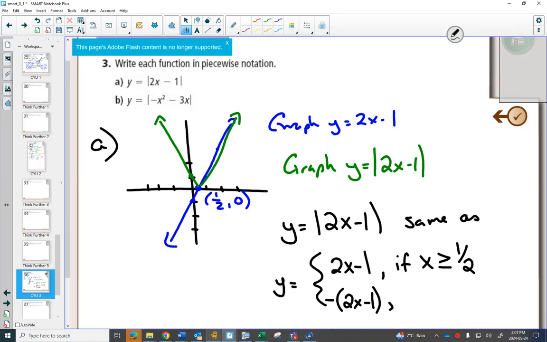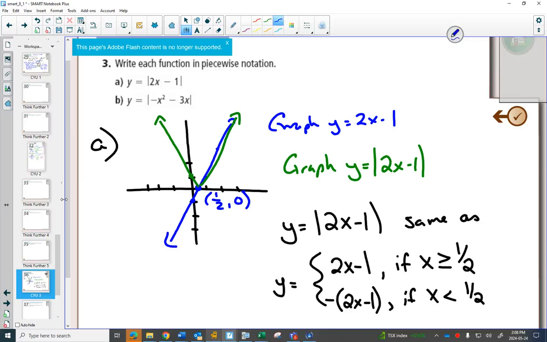As an idea that I flipped that whole line, which means I put a negative out in front of it, if x was less than 1/2. And in piecewise notation, you make the equal sign go with one of them. It really doesn't matter which one, because that's where it's equal to 0. But we don't let it include in both, because it's kind of like, which equation is it? When it's at a half, you have to pick your favorite. It doesn't matter which one.